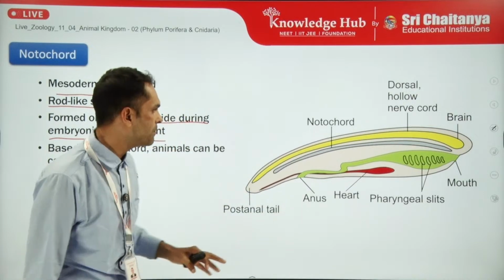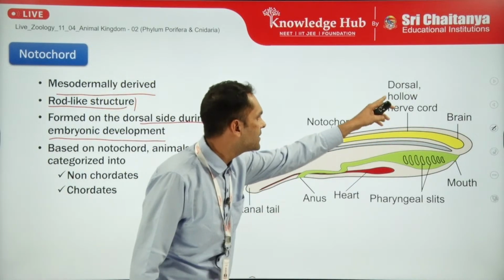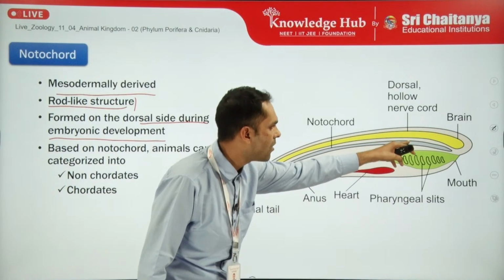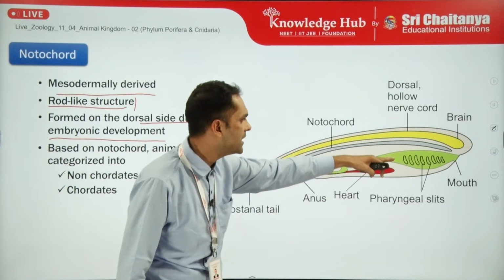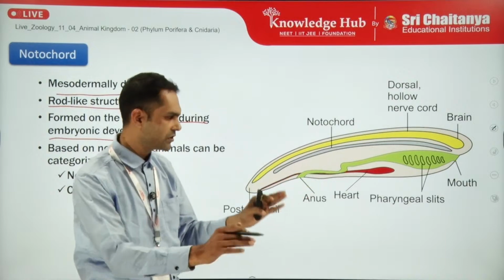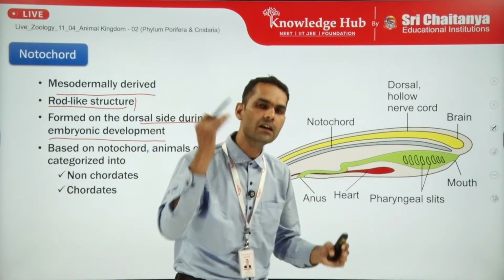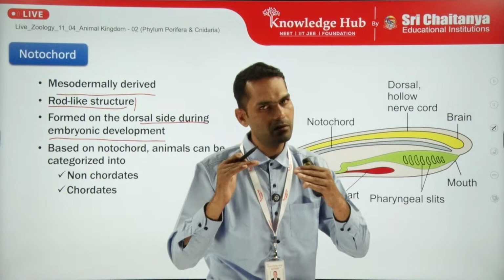It develops below the hollow nerve cord and above the alimentary canal. So its position is at the dorsal side but below the dorsal hollow nerve cord.